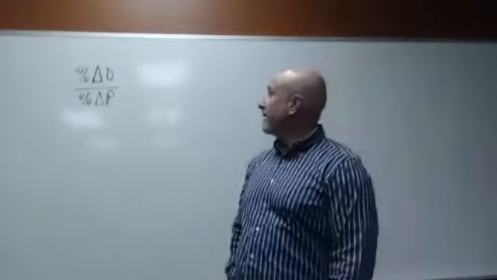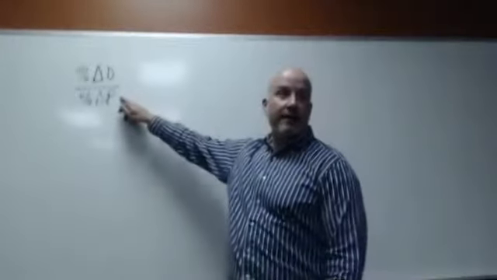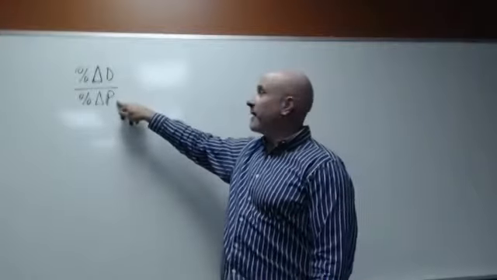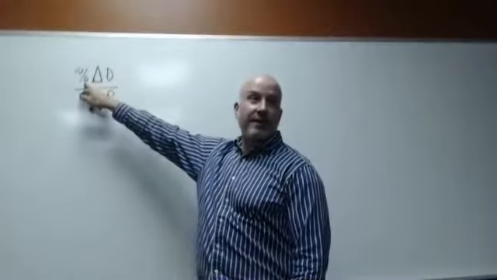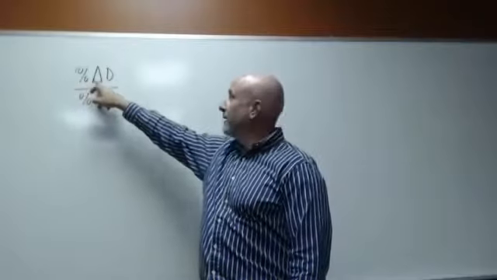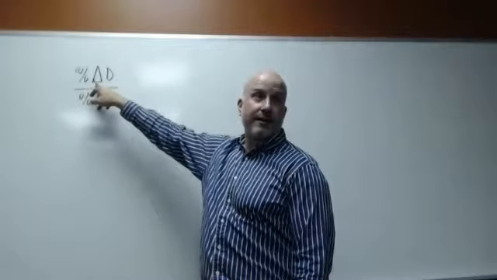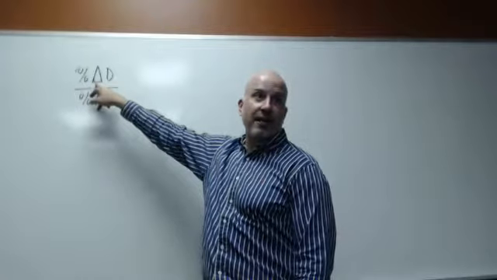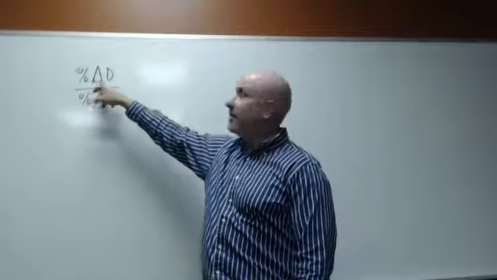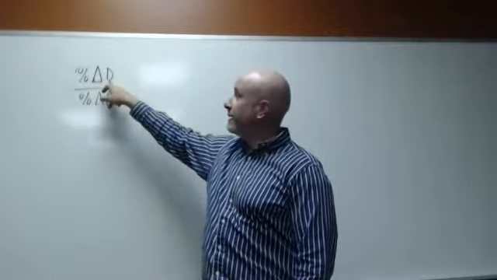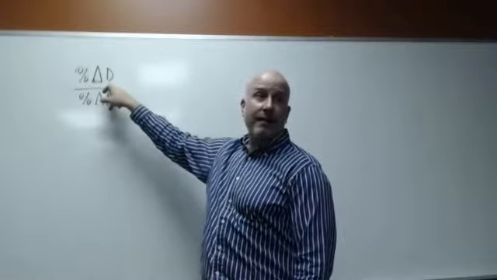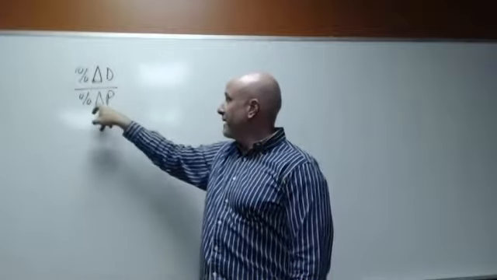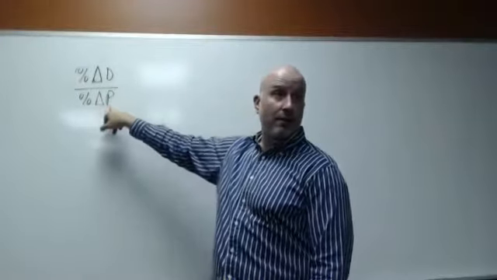And we calculate it using this formula. Everyone knows the percent sign, and this Greek symbol is delta. It represents change. D for demand. So the percent change in demand divided by the percent change in price.